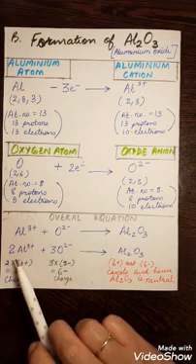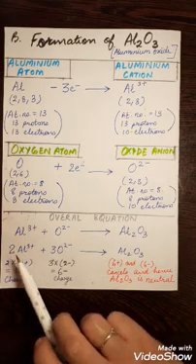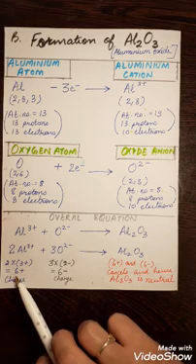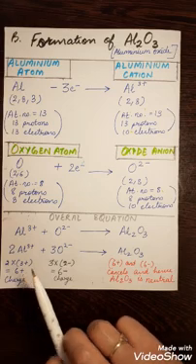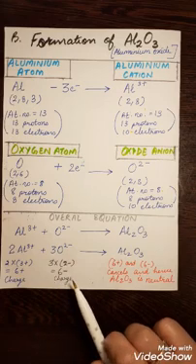Now, if I calculate the charge on it, it will be 2 into 3 positive, how much? 6 positive charge now, plus 3 into 2 negative, it will be 6 negative charge.